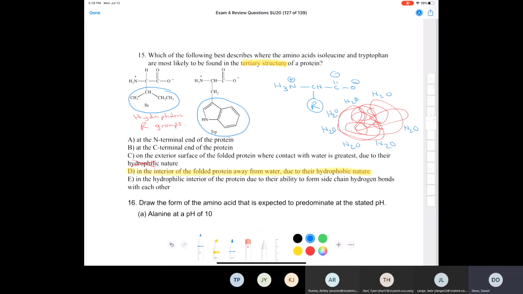Proteins have evolved so that they fold in such a way to produce the desired effect of that protein. So all of the amino acid groups that are water-loving are going to be on the exterior of the protein, and all of the water-hating or hydrophobic amino acid residues, those are all going to be found in the interior. And so the answer to 15 will be D. Since both of these R groups are hydrophobic, they're going to be on the interior of the protein, away from the water.